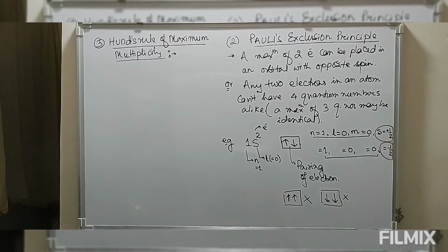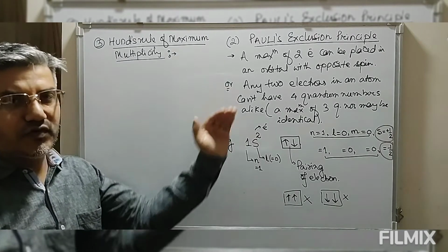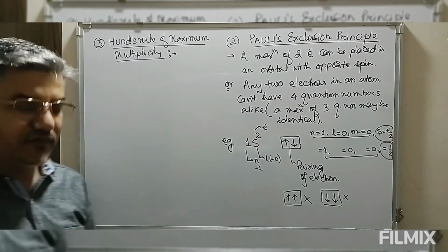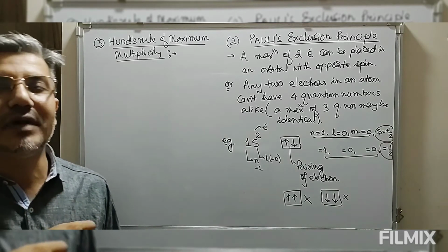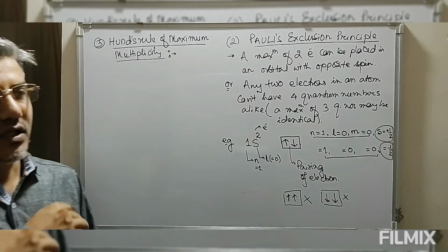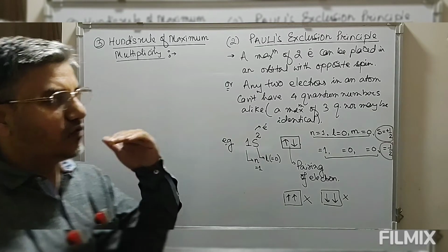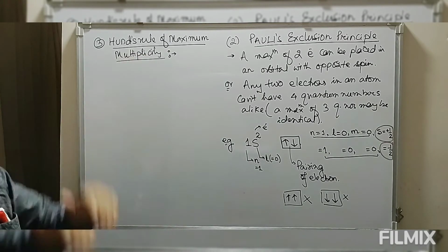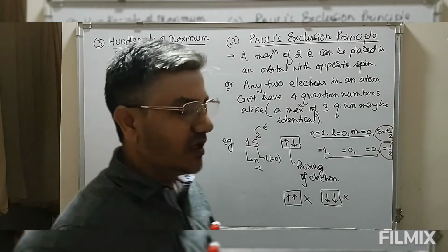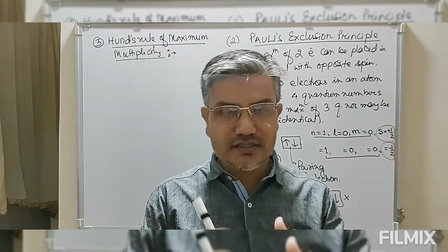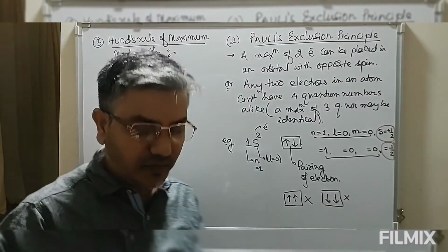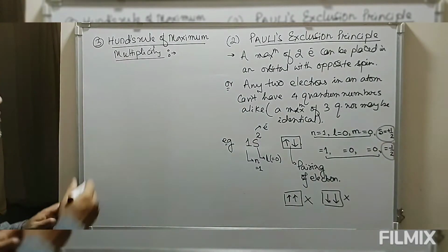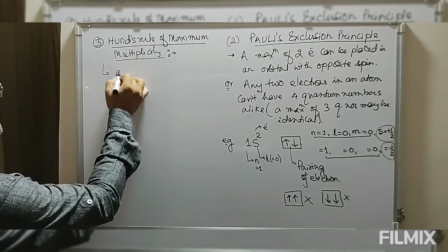And the next rule to be followed while filling electrons in various atomic orbitals is Hund's rule of maximum multiplicity. Now here we are using a particular term, maximum multiplicity. This will be applicable when we have degenerate atomic orbitals.